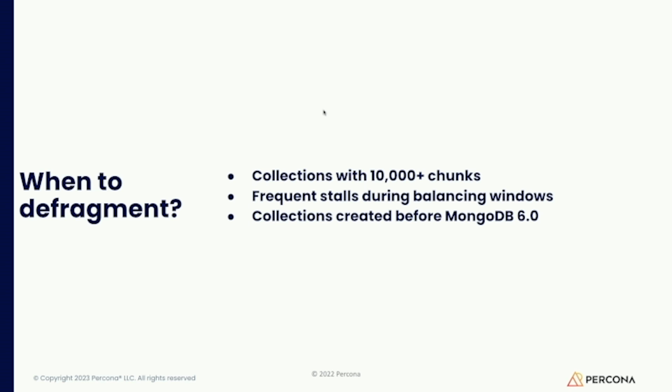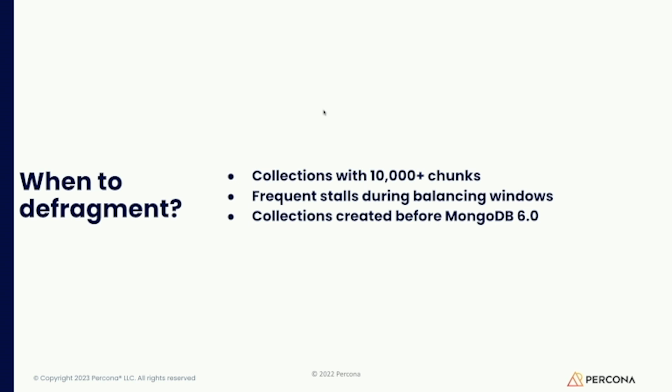After all that we said, you might be wondering, when should we consider defragmenting a collection? Just to give you some general guidelines, when you have collections that exceed 10,000 chunks, it's a good idea to start doing some analysis and seeing if it might be worth it or not. You have the scripts to check this in the blog articles, so you can run them just to get a report without making any changes.